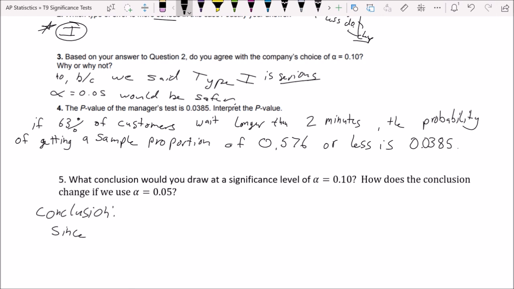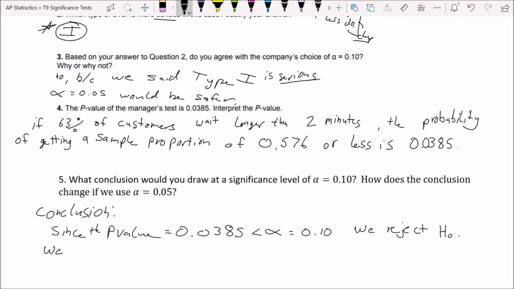Since the p-value, which equals 0.0385, is less than alpha, which equals 0.10, we reject the null hypothesis. Or you know what? Let's do that symbolically. That'll be even better. We reject the null hypothesis.